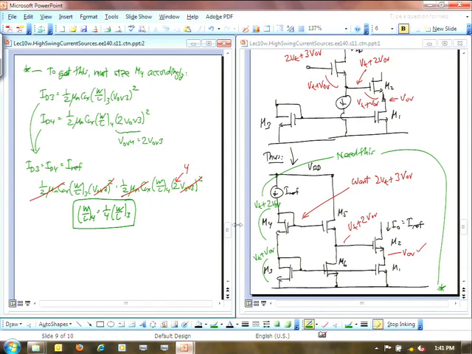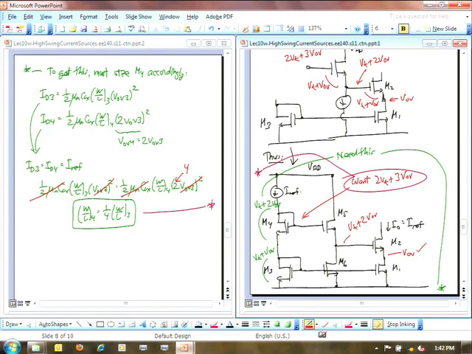Yes? Cox and VT. No, Cox is a capacitance per unit area, right?